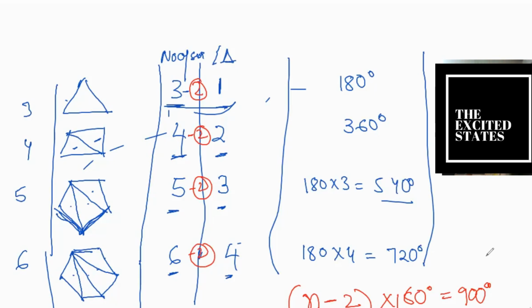Now I ask you the reverse. Find the number of sides in a polygon if the sum of angles is 900 degrees. That would be 7.